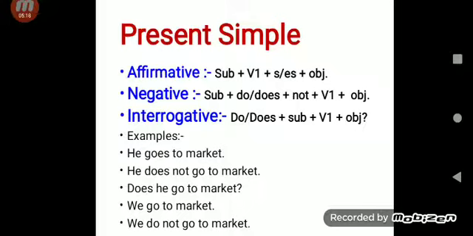And we do not go to market is a negative sentence. I will tell you the selection of auxiliaries. We have to select do or does, whichever will come with the particular subject. This I will tell you later in this video only.